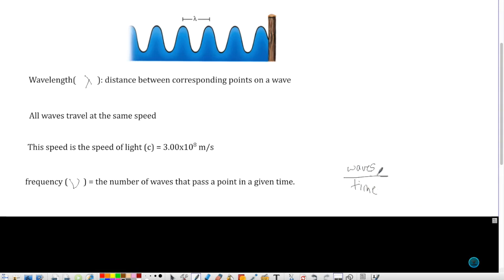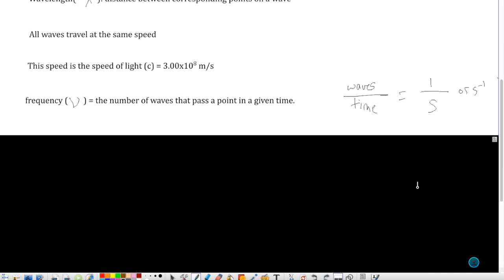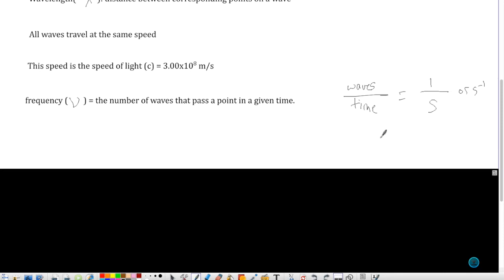Waves is just a count, so there's really no unit on top. But there is a unit on bottom, that's seconds. So the unit of frequency is 1/seconds, or s to the minus 1, also known as a hertz, which has the symbol Hz.